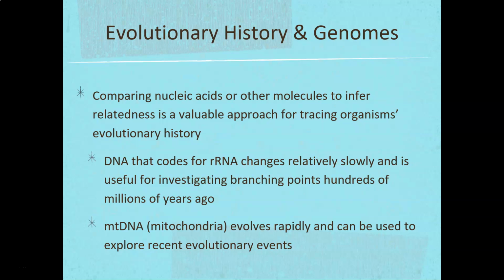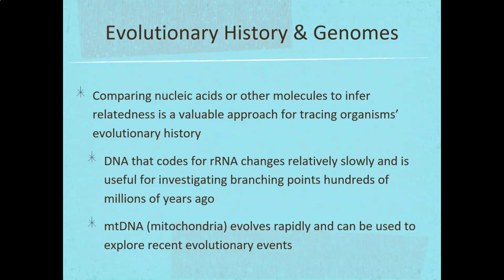So when we look at DNA, that DNA codes for different pieces of information. Things that code for things such as rRNA evolve relatively slowly, and so that particular set of data can be really useful when I'm looking for branching points hundreds of millions of years ago.